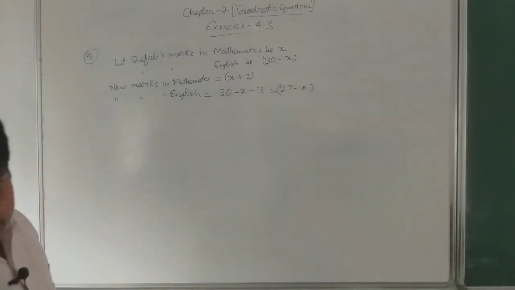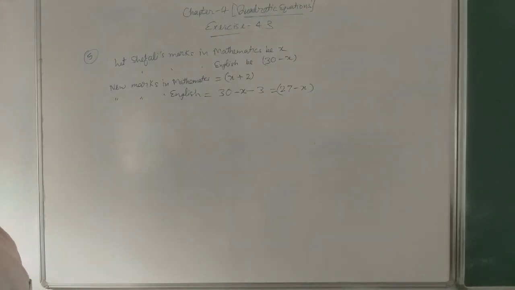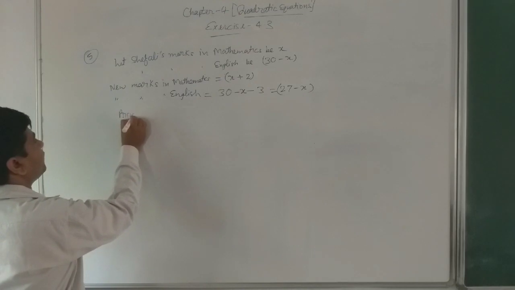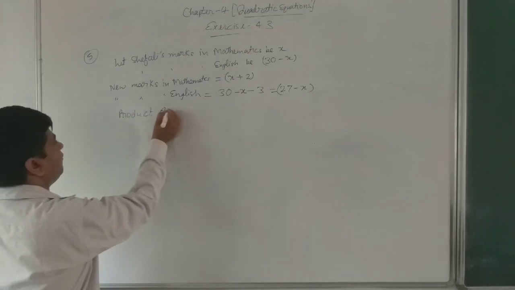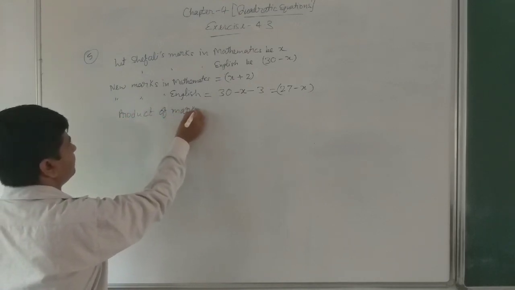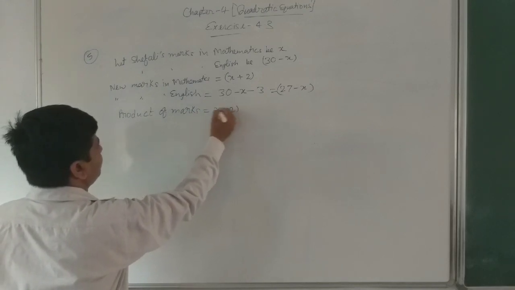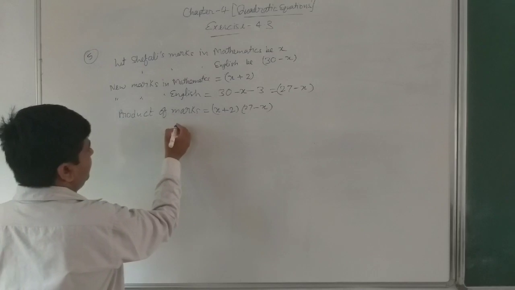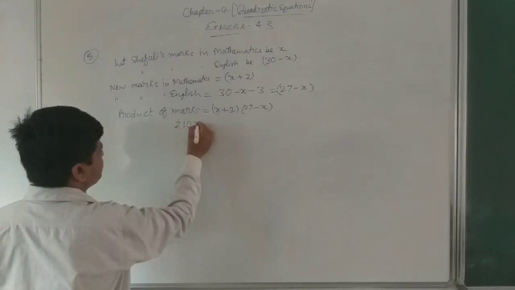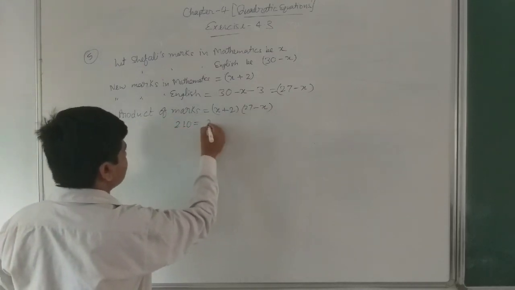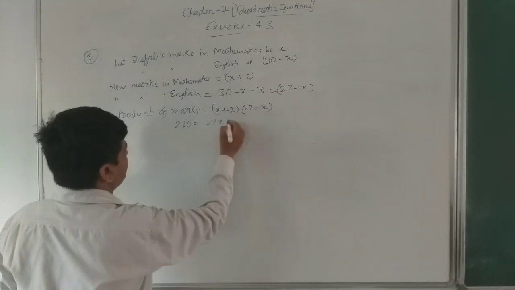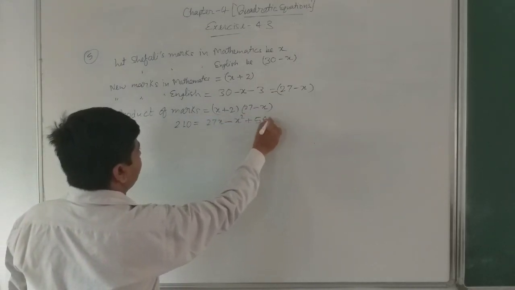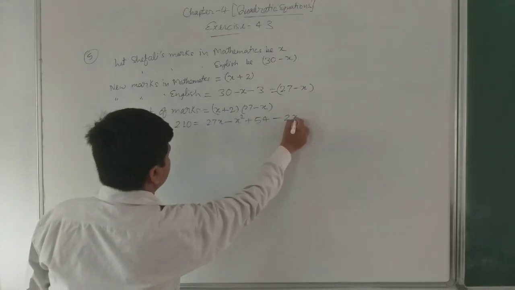Now given that the product would have been 210, meaning the product of the marks. So the product of marks equals X plus 2 into 27 minus X, and it is given as 210, so we can put in the LHS 210 equals X into 27, so it is 27X, X into minus X, so it is minus X square, 2 into 27 is 54, and 2 into minus X is minus 2X.